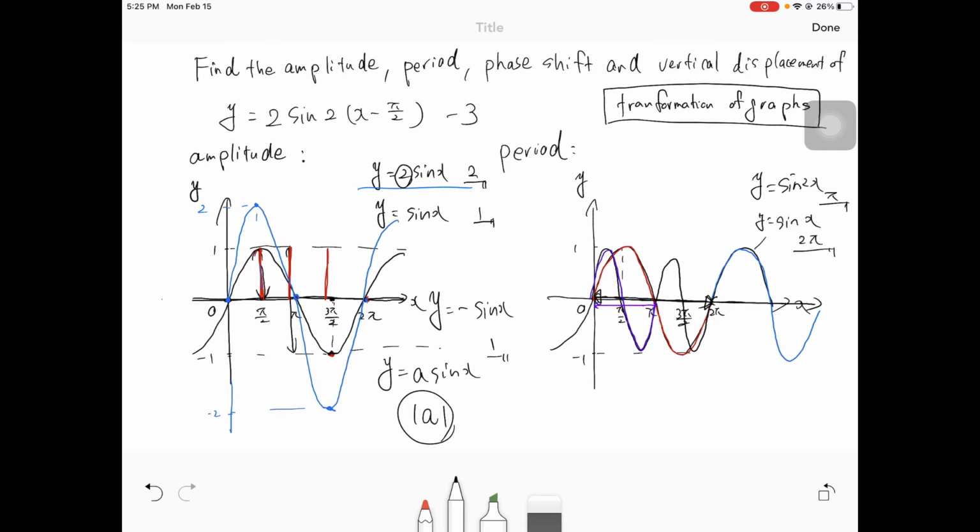What's the difference? So let me conclude it. If you have the graph y equals sine bx, the period is going to be 2 pi over the absolute value of b.